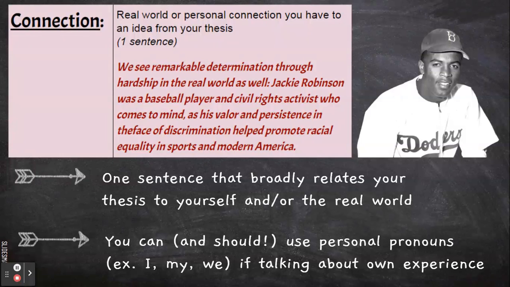Now look at the example above in the red letters. Here it is again based off that sample essay about Jonas and Salva, how they're both determined through hardship. So my connection talks about Jackie Robinson is a real figure in history, a civil rights activist who also showed remarkable persistence in the face of hardship.